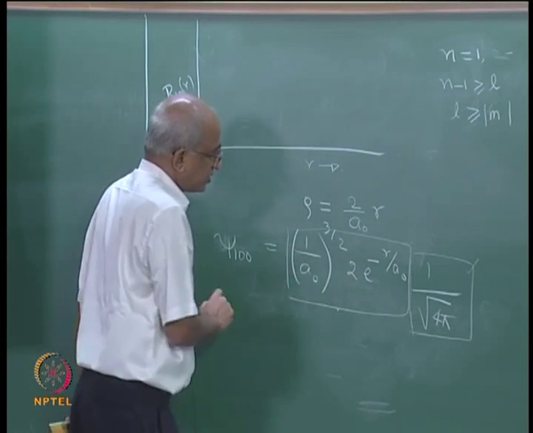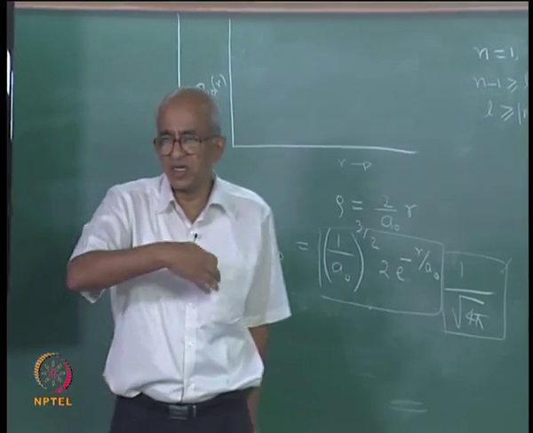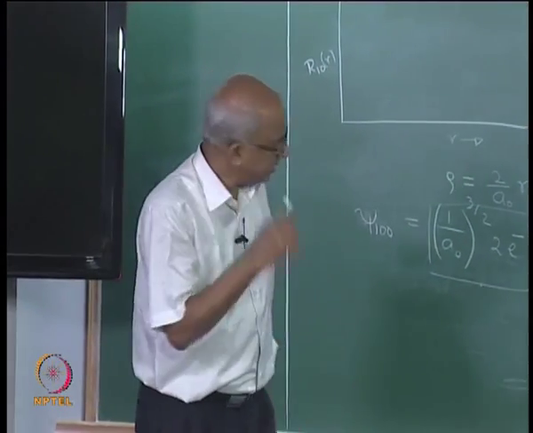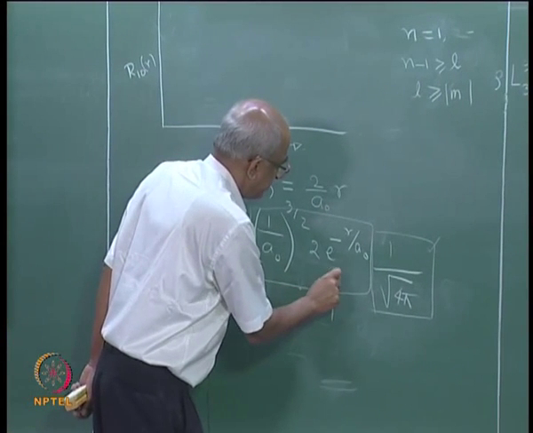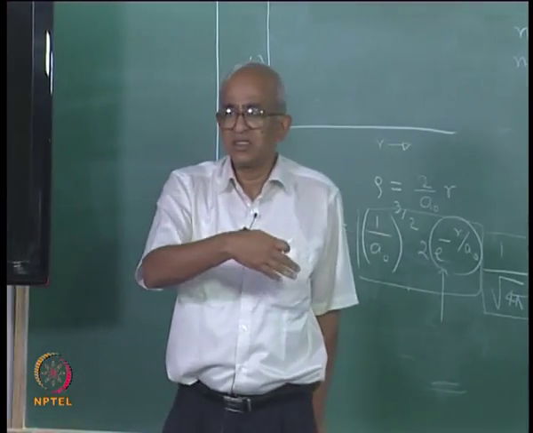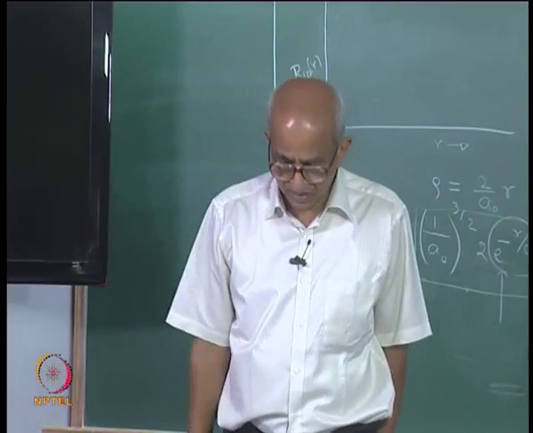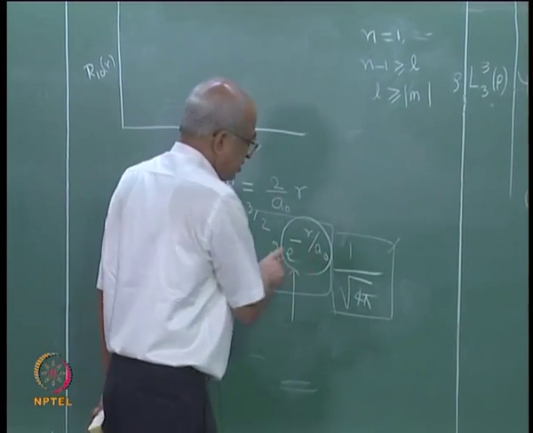So, if you look at the functional form, what does it contain? There is this constant, the constant is not dependent upon distance. So, what is dependent on the distance is this portion. This portion will change as you go to change the distance of the electron from the nucleus. And what happens to that function? Well, it is actually e to the power of minus r by a0.